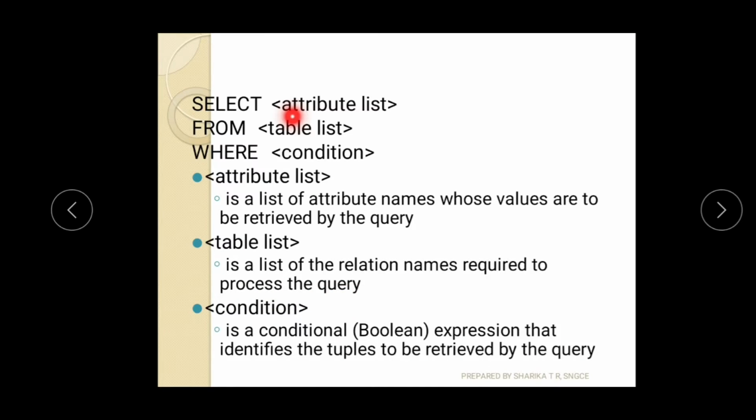In order to take this attribute list, we have to refer to which table, and that is represented here. The condition is a conditional or boolean expression that identifies the tuples to be retrieved, or the records or rows to be retrieved, and that is represented in the where clause. Clear?